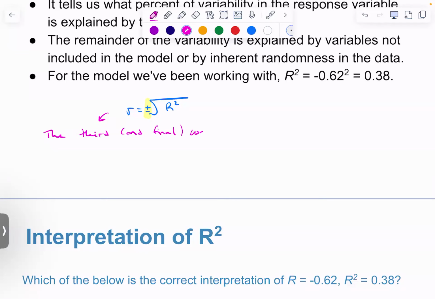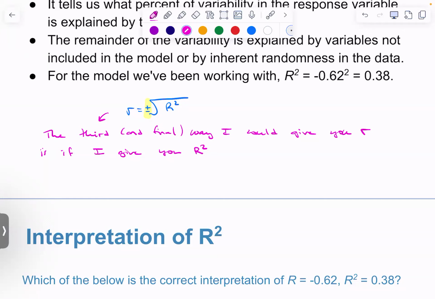The third way I could give you r is if I give you r squared, I would also need to tell you the direction of the relationship, which is usually if I show you the scatter plot.